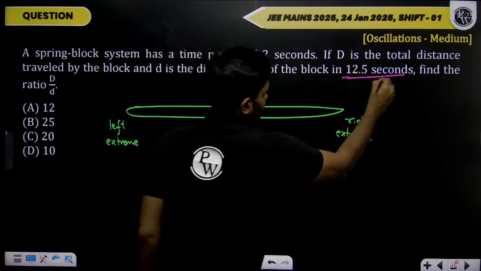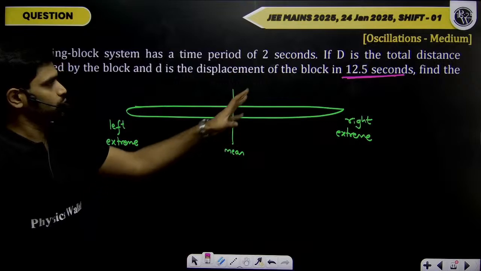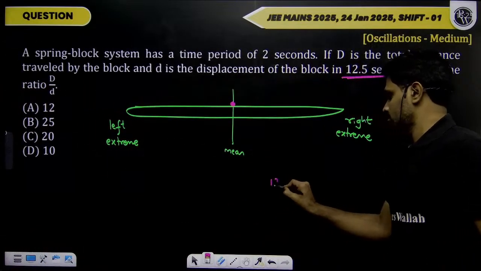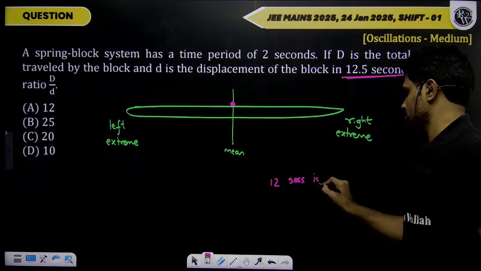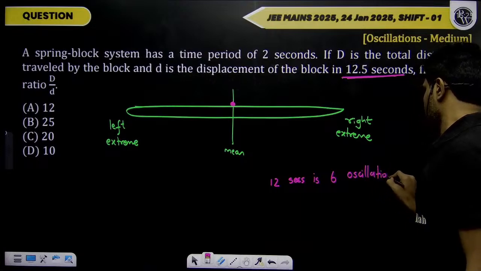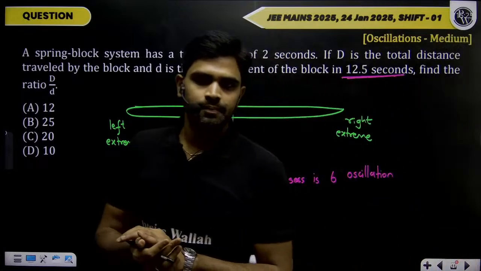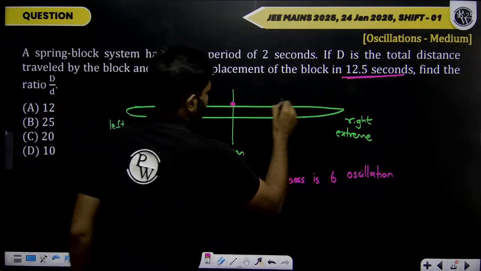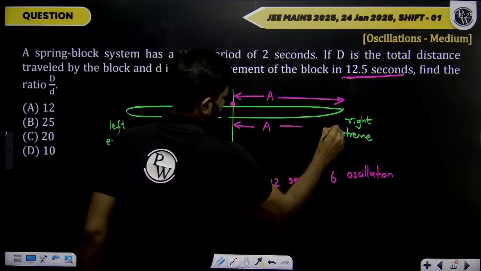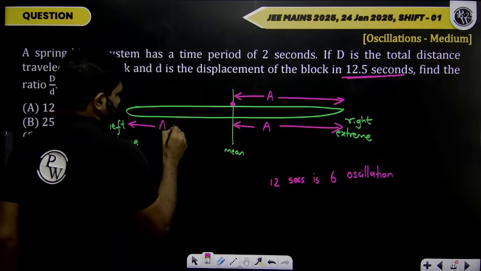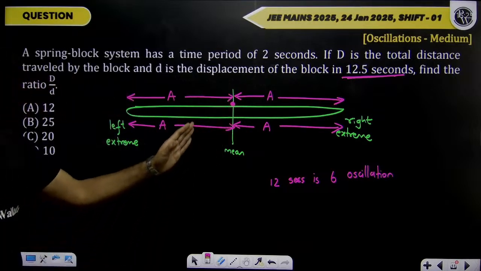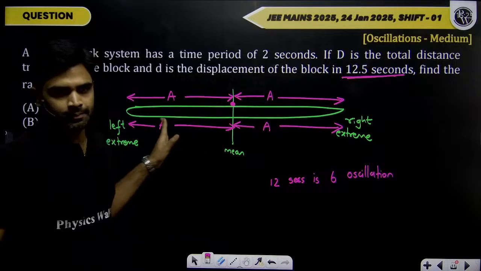In 12.5 seconds, what happens? First of all, 12 seconds is 6 cycles or 6 oscillations. Each oscillation, what is the distance traveled? In each oscillation it travels a distance of 4A.